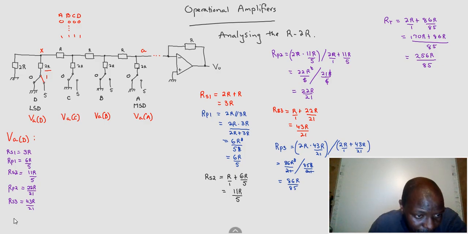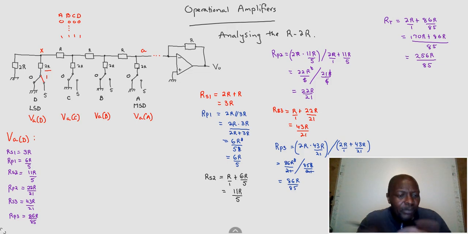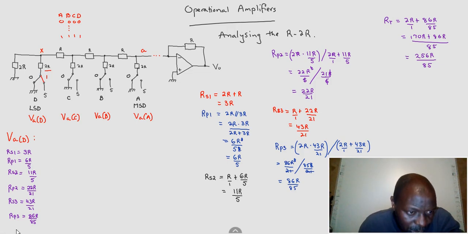That was our R parallel 3, which is 86R over 85. You'll ask, why aren't you giving values? These things are going to resolve themselves. I can do it, but it will just take much longer to achieve no real difference.